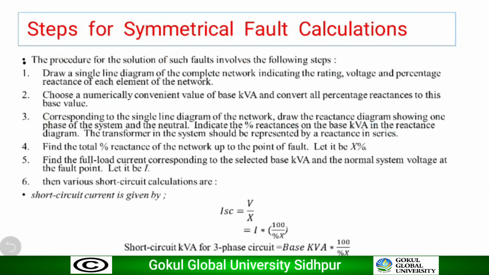First, draw a single line diagram of the complete network indicating the rating, voltage and percentage reactance of each element of the network, calculating the percentage reactance from the equation. Second, choose a numerically convenient value of base kVA and convert all percentage reactances to this base value.